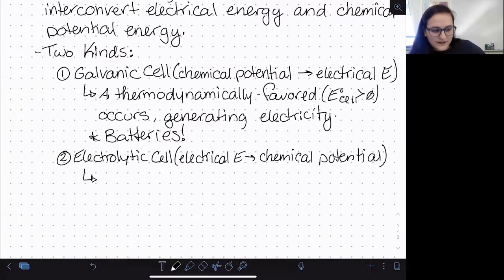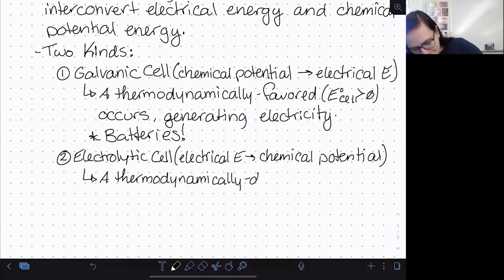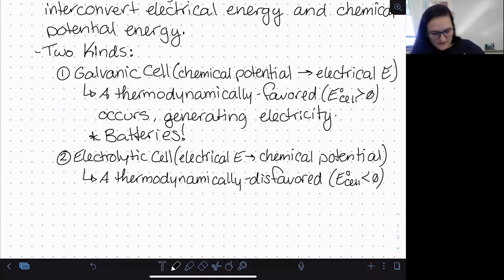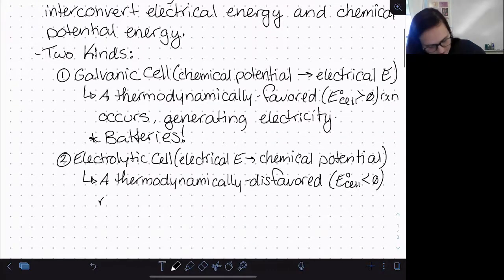So in an electrolytic cell, what we have is a thermodynamically disfavored reaction. Sorry, missed a word. A thermodynamically disfavored reaction is forced to occur.